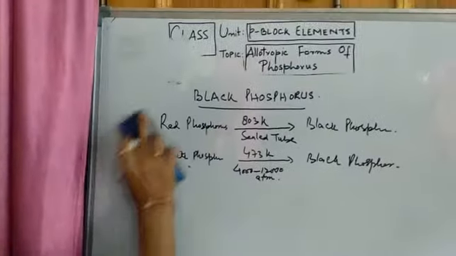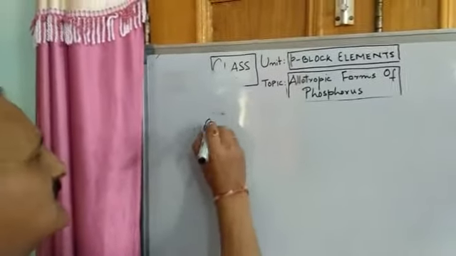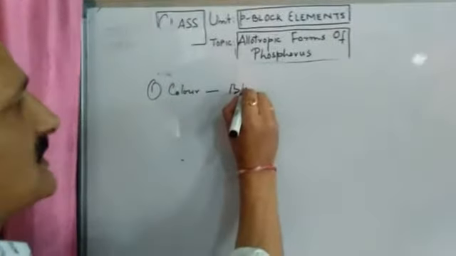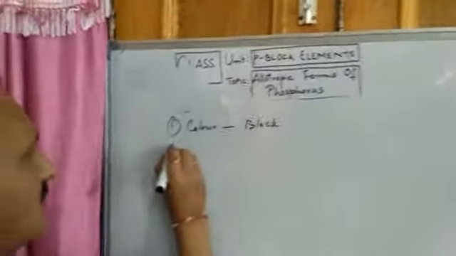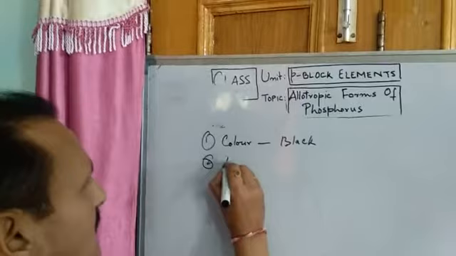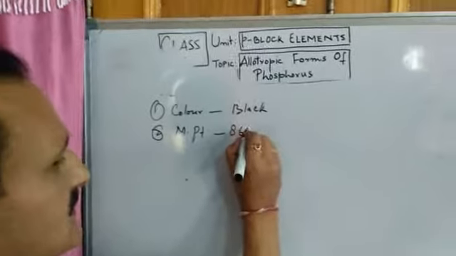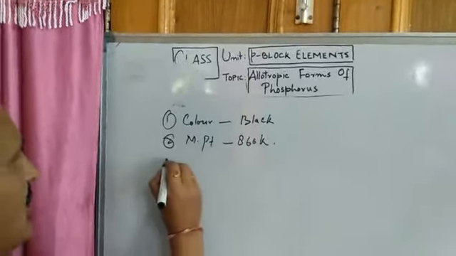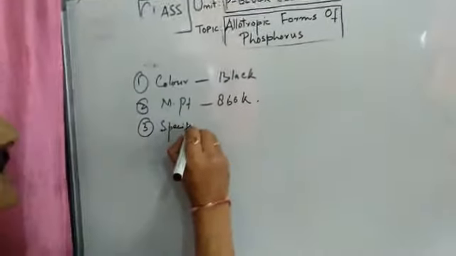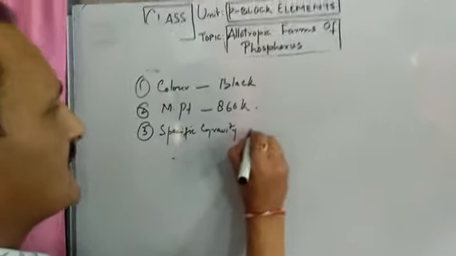Now, coming to its properties. As far as its color is concerned, it is black, as the name suggests. Its melting point is 860 Kelvin. Its specific gravity is 2.69.